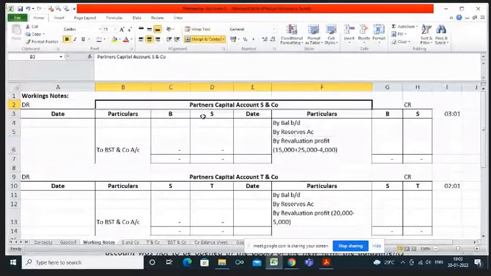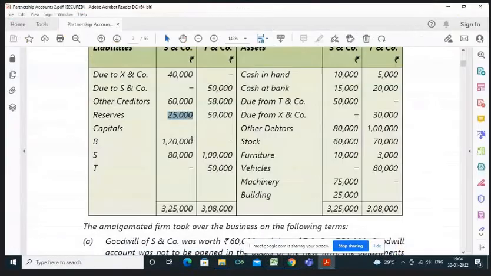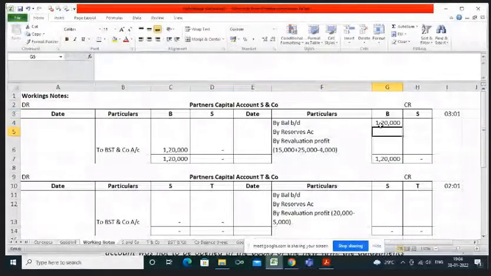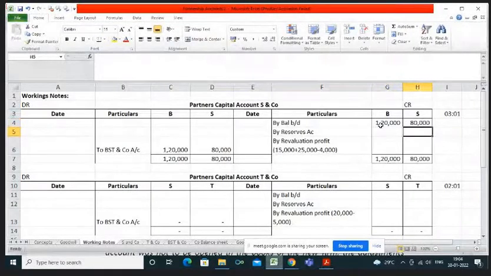So if you transfer the general reserves, how will it look? The total general reserves I carry here is 25,000. So what I should do is add it to the capital account of partners. So now let's move on to the capital account of partners.